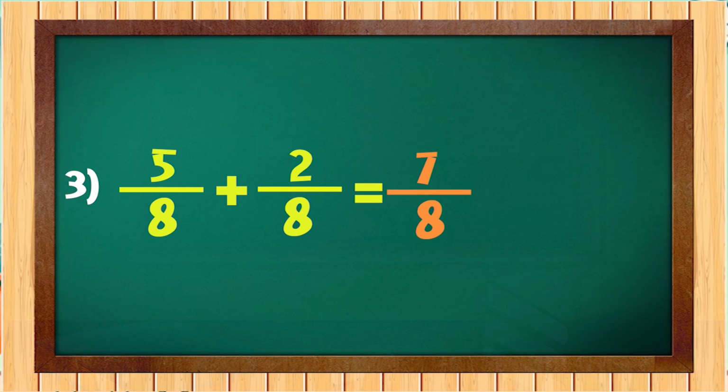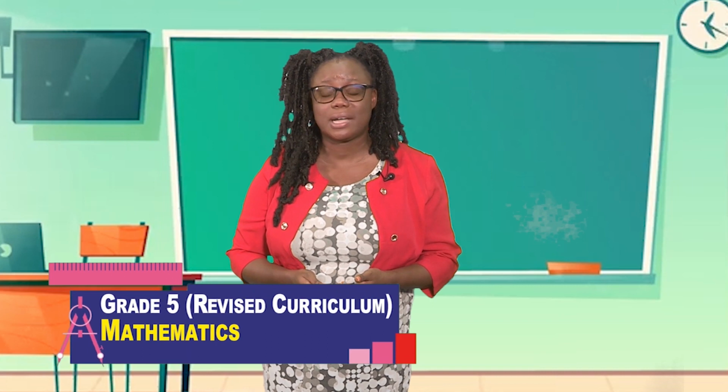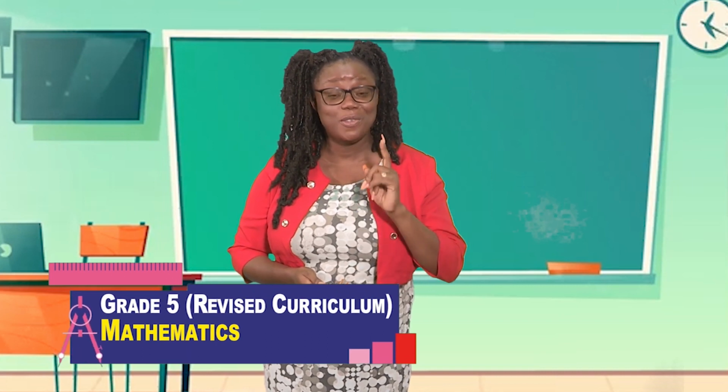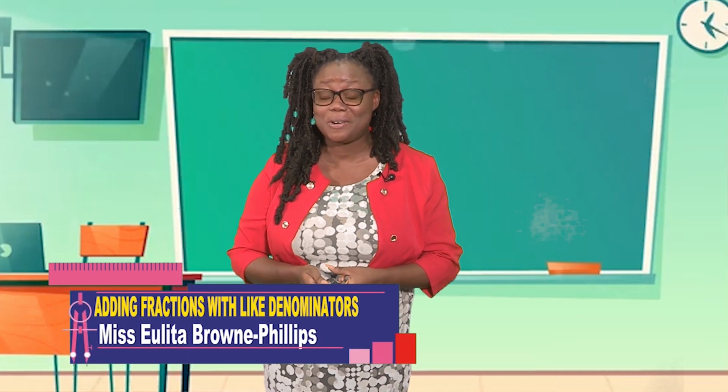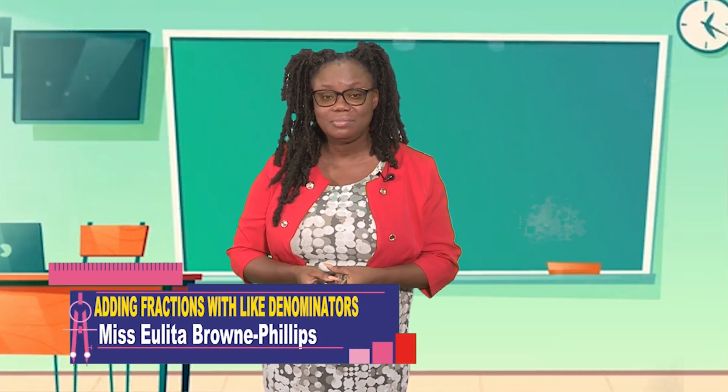So 8 is the common denominator. So 5 eighths plus 2 eighths equals 7 eighths. Boys and girls, you have done excellent work. Ensure that when you are marking, you put a big tick near to your correct answer.